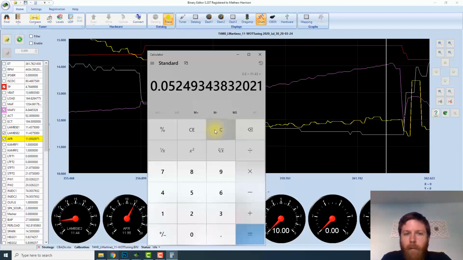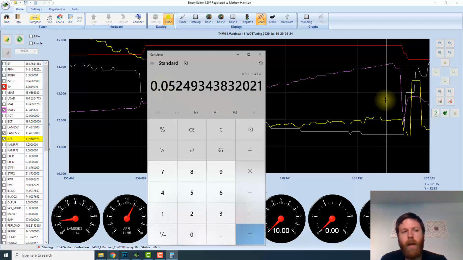And I know I'm 5.2% off. You'd have to multiply this by 100, but when it's 0.052, that means I'm off by about 5.2%. And which direction are we off? Well, we know that our AFR was higher than what we were asking for, so that means we're running lean, and now we know that we're running lean by 5.2%.